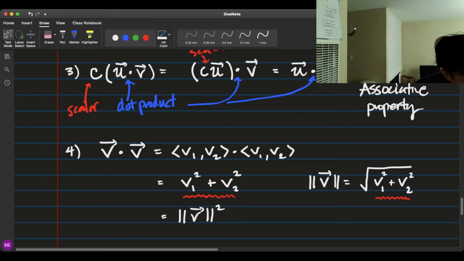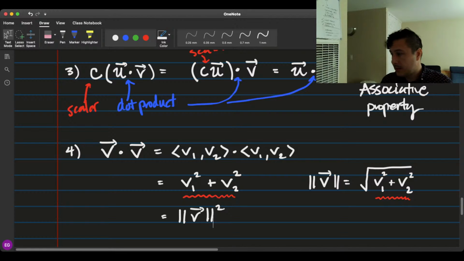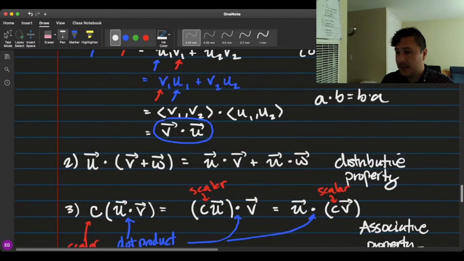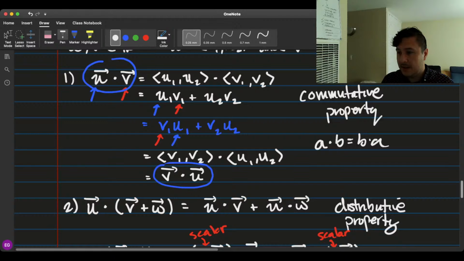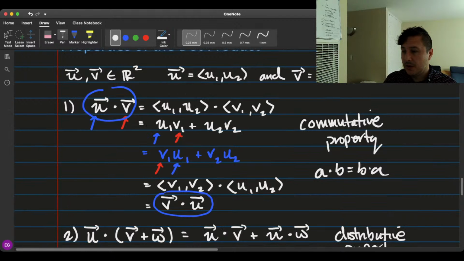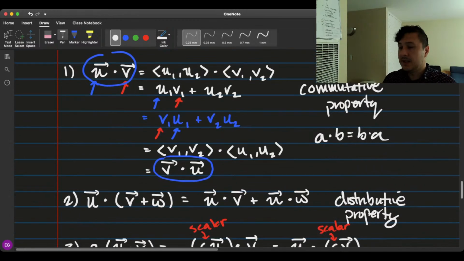Okay, these are really helpful because sometimes you'll need to calculate something and you'll use the rules. Usually, it's really helpful to know that the order of the dot product doesn't change anything.